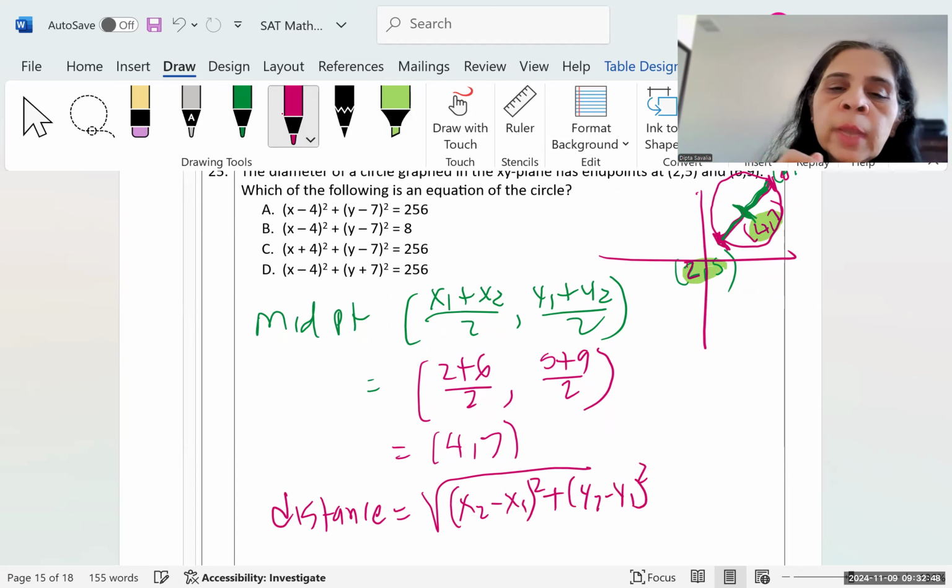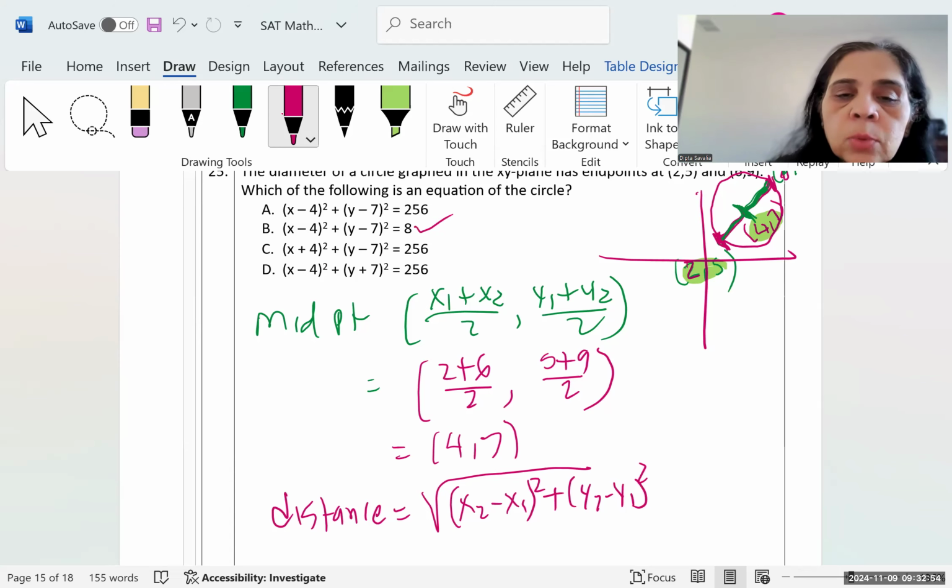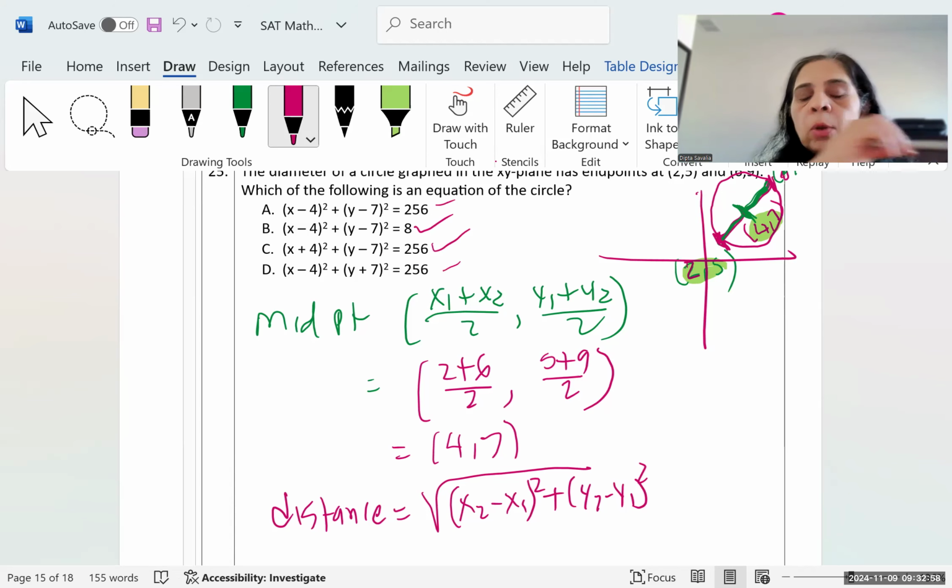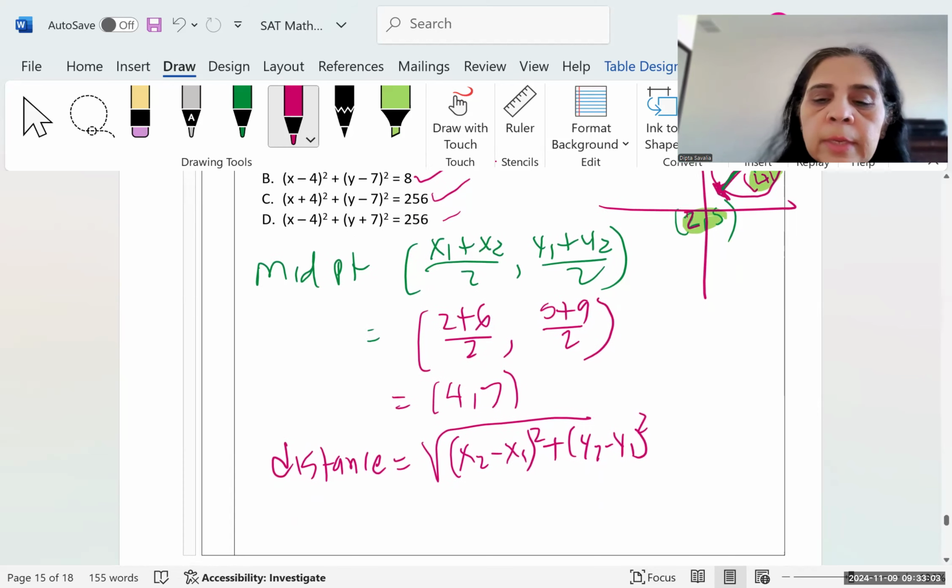Also, you can use the calculator. That number we had as a decimal is the square root, and this is squared here. If you square that number, you will find it, right? But I'll show you another strategy.